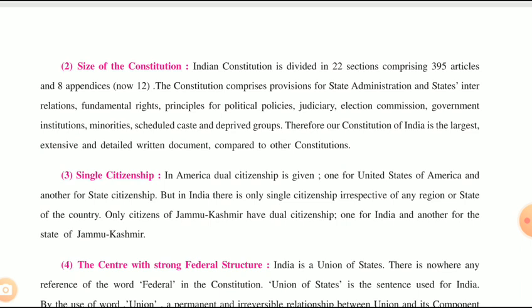The Indian constitution is divided into 22 sections, which include 395 articles and 8 appendices. Appendices are different terms that are used in the constitution. These terms' explanations are given in appendices. And there are certain rules, regulations, and responsibilities that each and every state of India should follow. These are also well defined in the constitution.